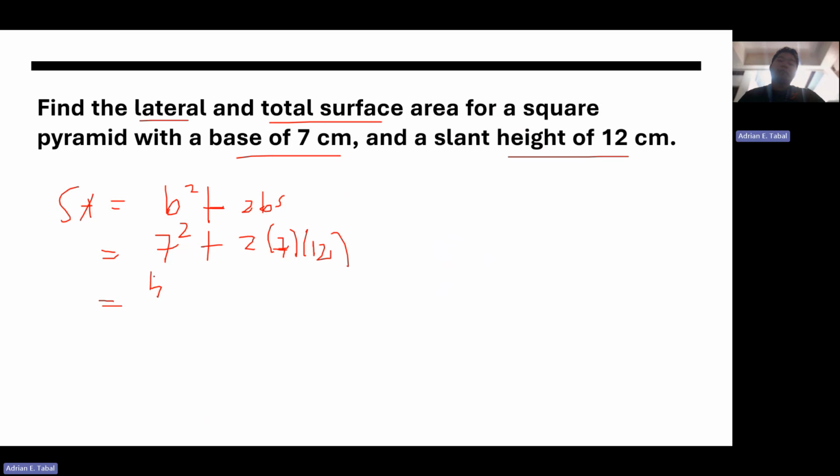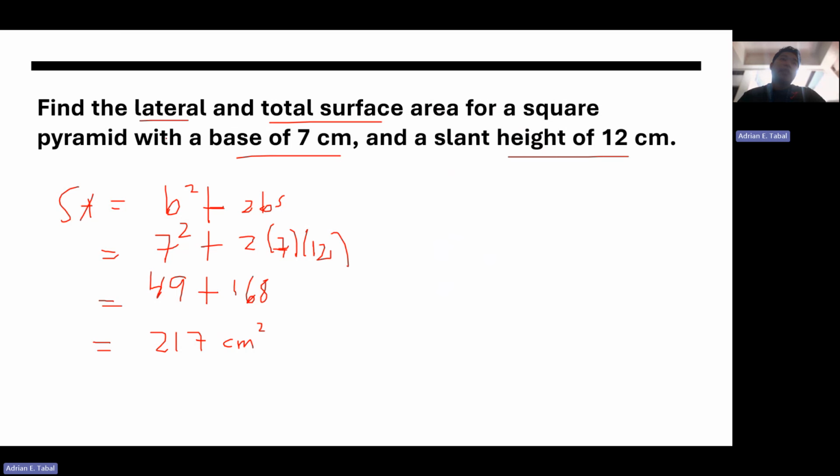It is equivalent to 49 plus 168. 168 plus 49, that's 217 centimeter square.